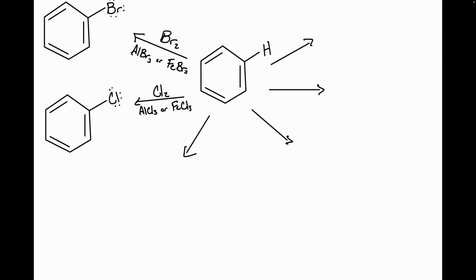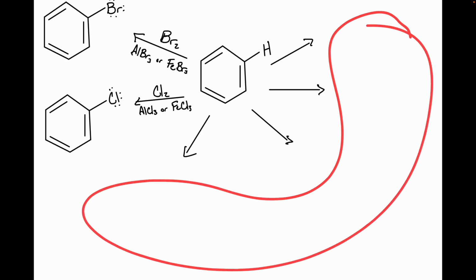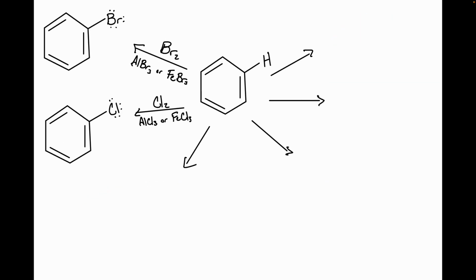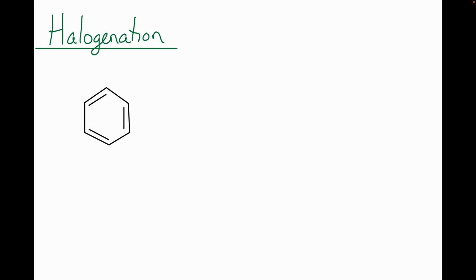We're going to save some room because we're going to go back and fill in the rest of this wheel. But now we're going to talk a little bit about each of these reactions. So let's talk about our halogenation reactions. All right, I'm going to look specifically at our bromine one, but the chlorine one's exact analogy, just replace all the Brs with Cls.